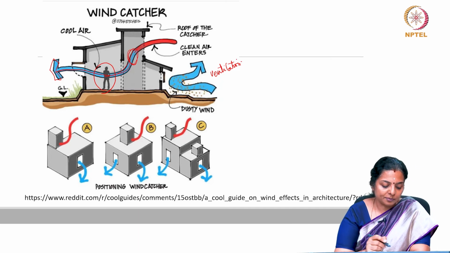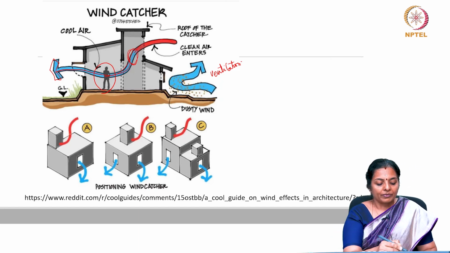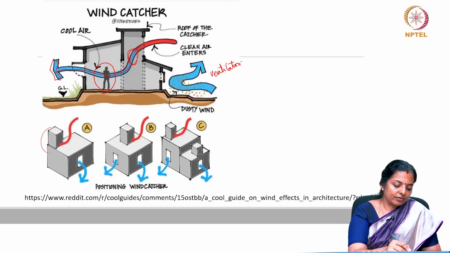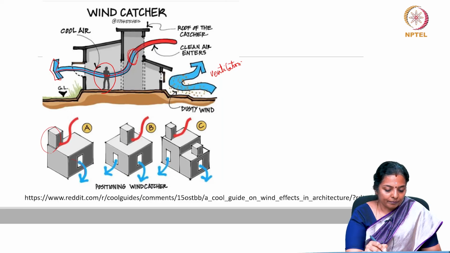And this principle can be used to position the wind catcher. So, you could have a wind catcher either on the corner with one outlet, you can have it in the center with multiple outlets, or you could have multiple wind catchers with multiple outlets.